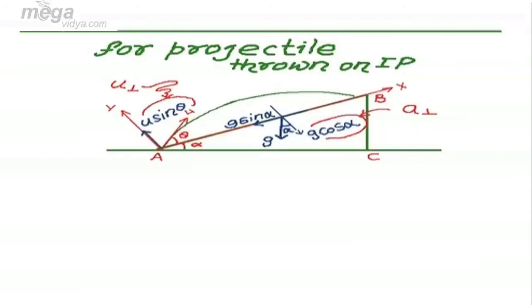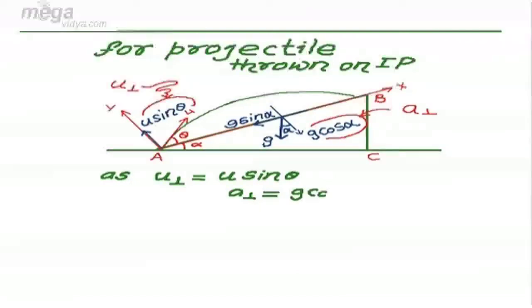So, by taking u perpendicular equal to u sine theta and a perpendicular to be g cos alpha, time of flight of this projectile on inclined plane can be written as 2u perpendicular upon a perpendicular.